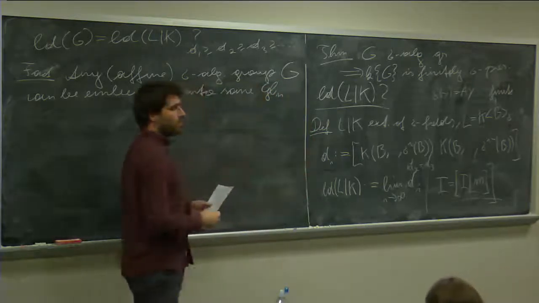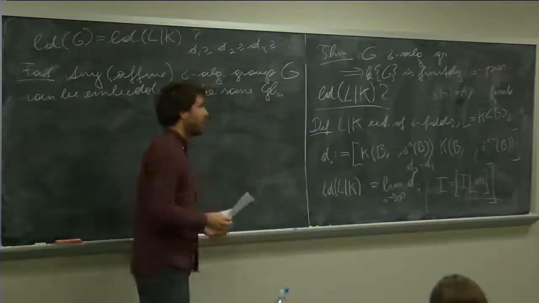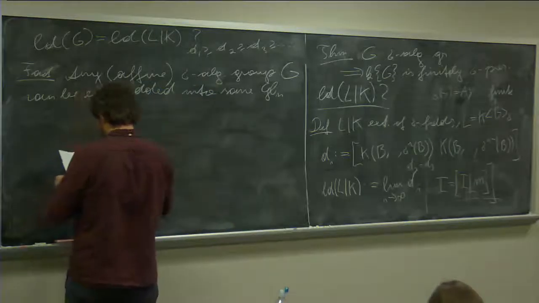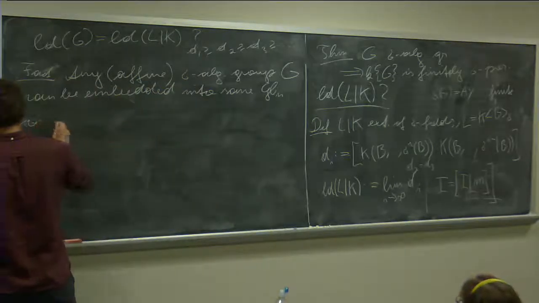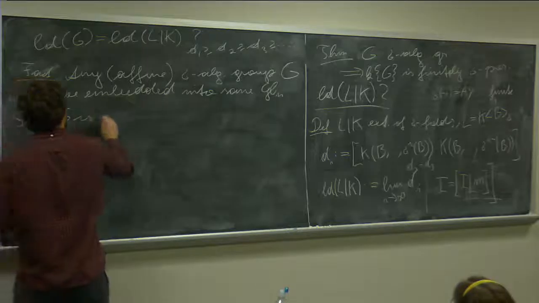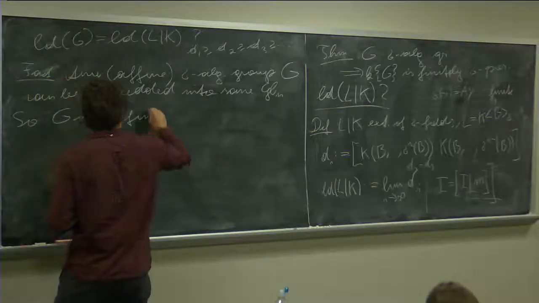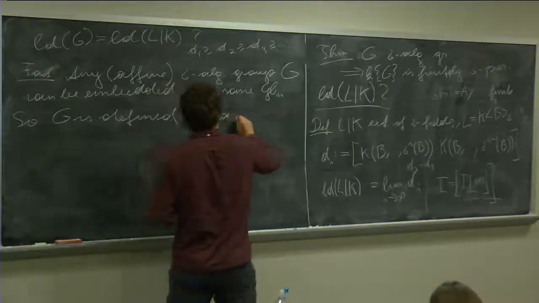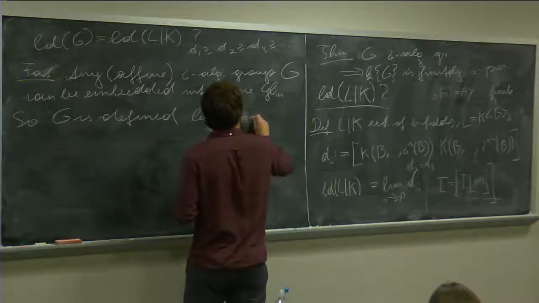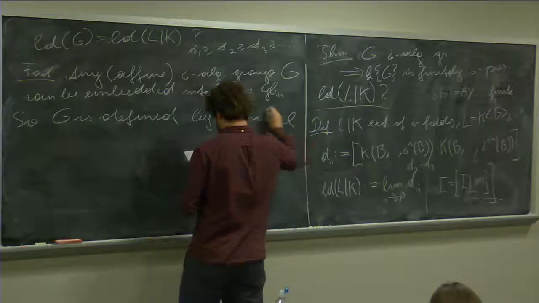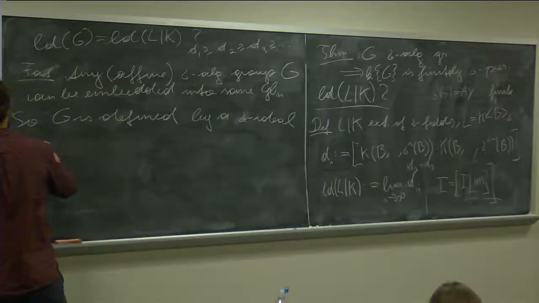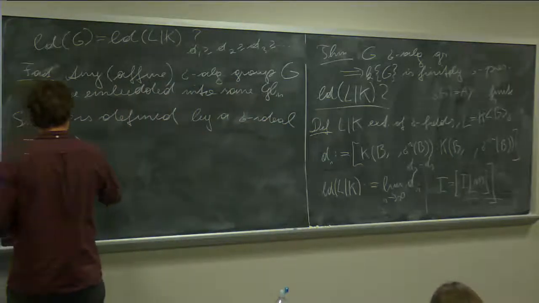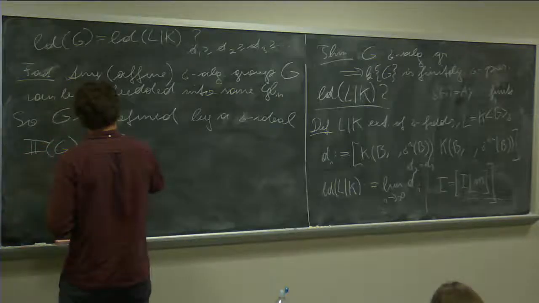For some n, you can find an embedding, and so inside GL_n, G is defined by a difference ideal. We call it I(G), the defining ideal of G.